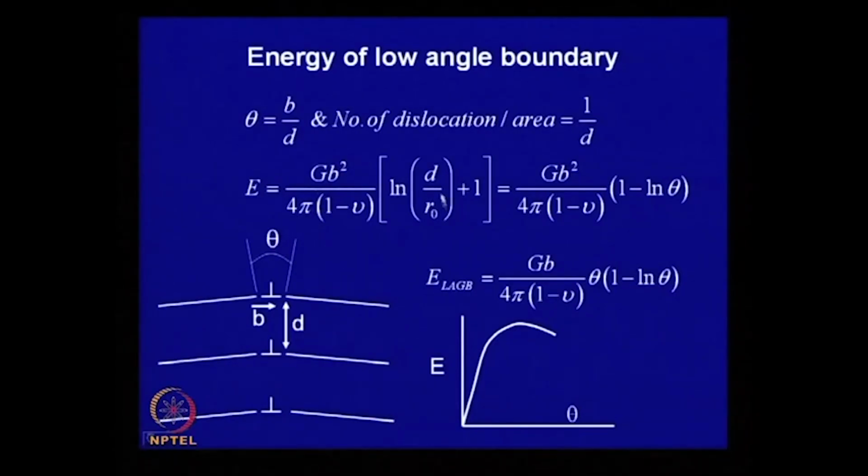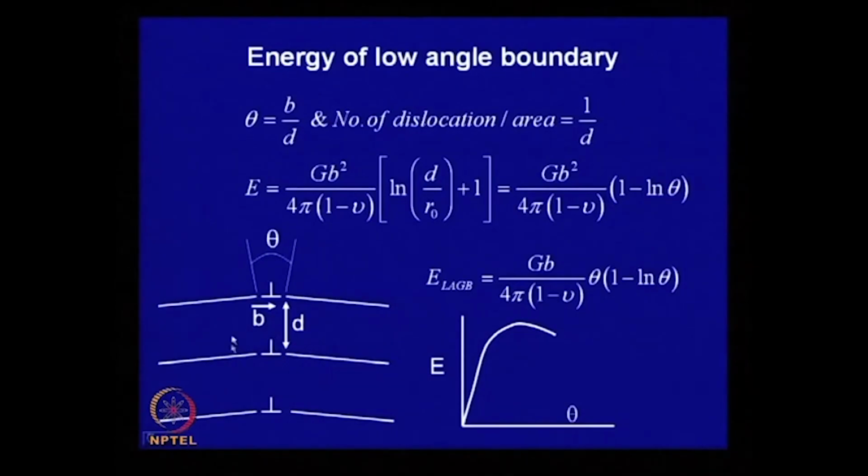If we assume the dimension of the core is of the order of the Burgers vector, this is the part giving the core energy, and this is the elastic stored energy for this dislocation.